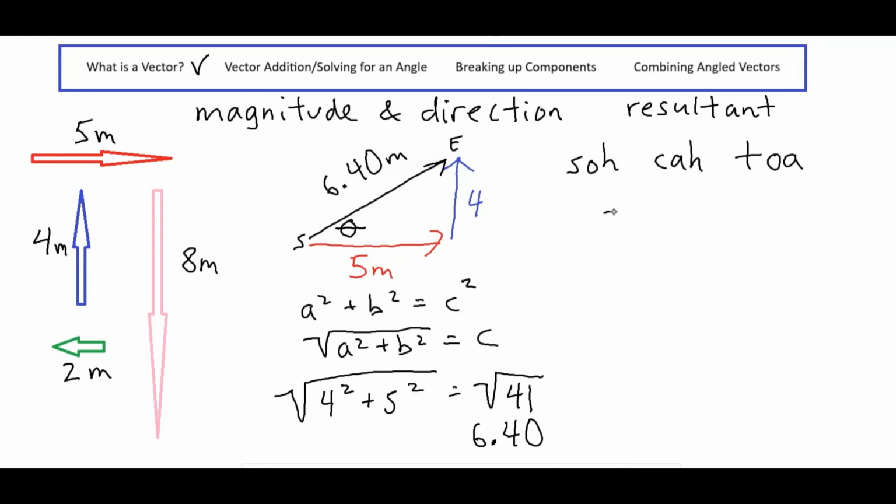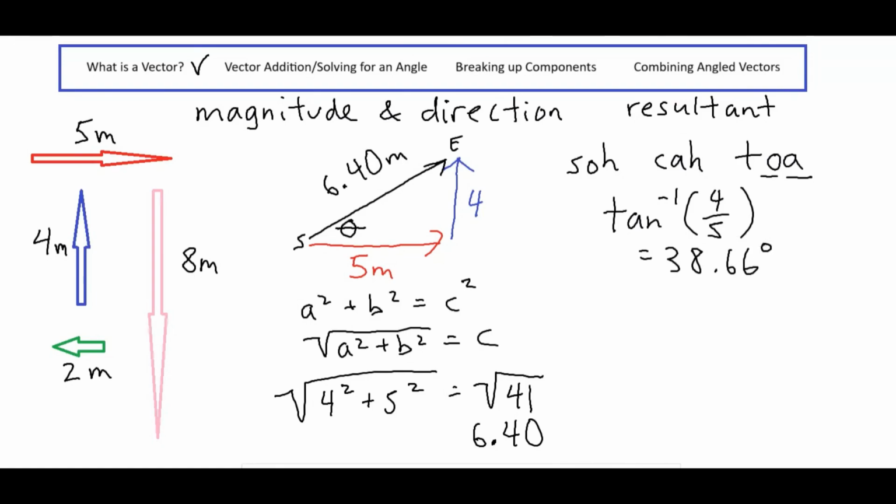Now, in this case, I would typically do the inverse tangent, and the reason why I would do that is tangent is opposite over adjacent, and I originally have the opposite side in blue and the adjacent side in red, so that I'm taking the numbers that I for sure know are correct and then plugging them in. So I'm going to go opposite over adjacent, plug that into my calculator, and then I get an angle of 38.66 degrees.